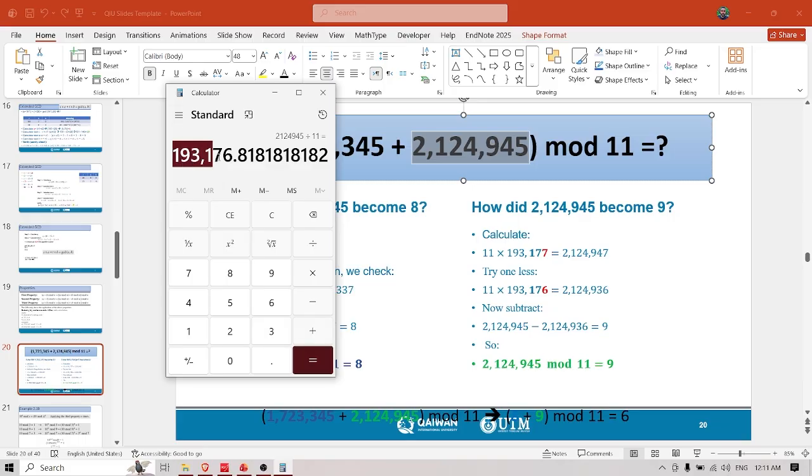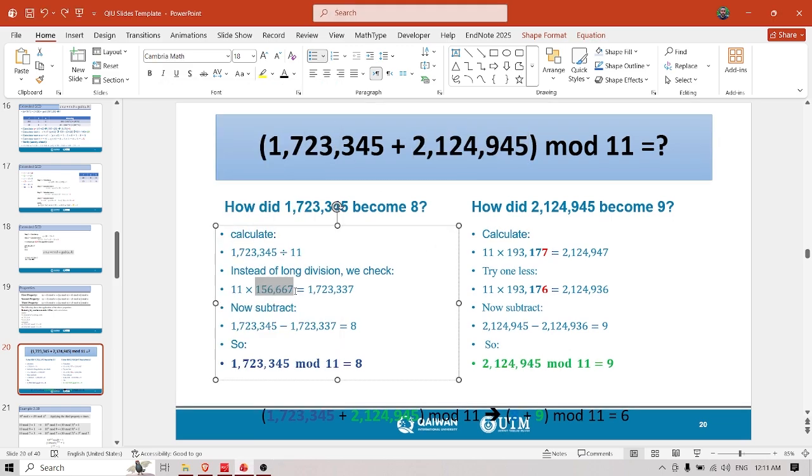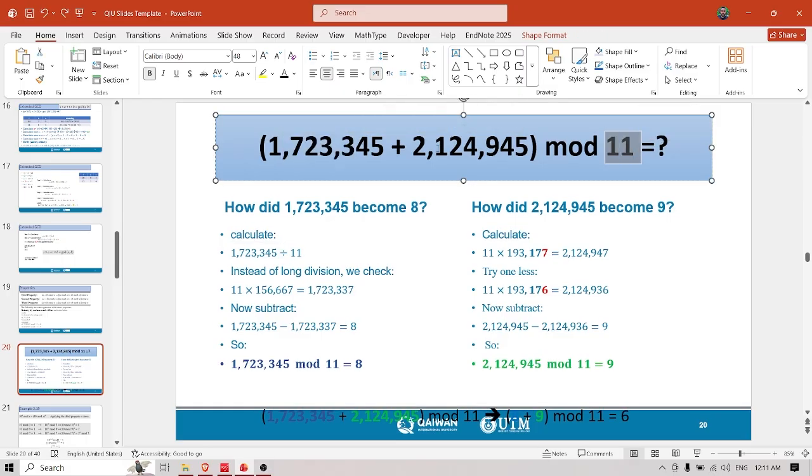We got 193,176. Now you see 176 in here is correct, so we will take this part, and we say this multiplied by 11, we will get the number as it is in here. So this is how we got this number. We just divided this big number by 11, and this big number by 11. They gave us another number. We will again multiply that number by 11 and we will subtract these two numbers, and so now we got this.